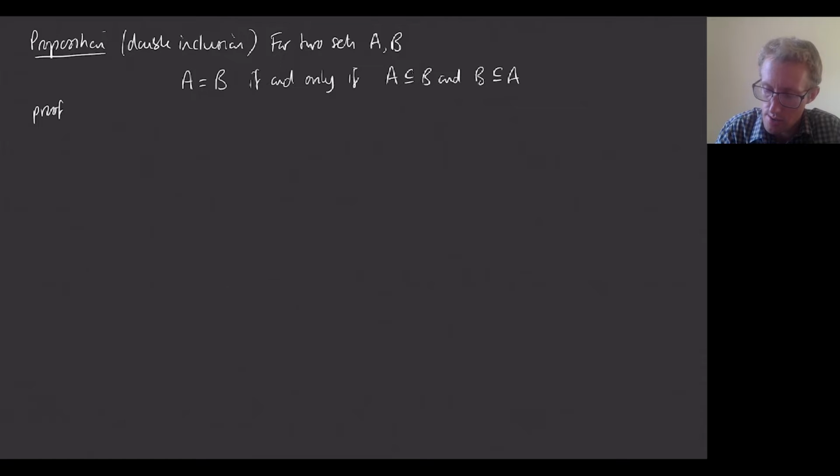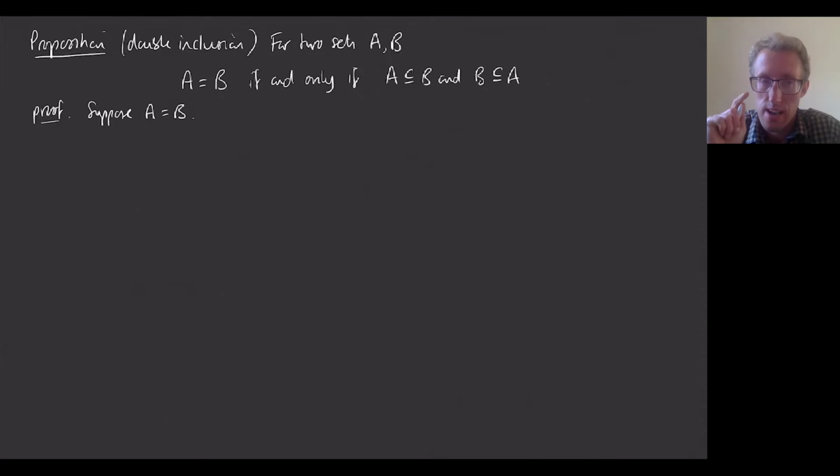In this case, the proof is quite straightforward. It's almost one of these ones that's too straightforward to work out what to actually write down. So first of all, we're going to suppose that the left-hand side is true. So we're going to suppose that A equals B. So A equals B if all the elements of A and B are the same.